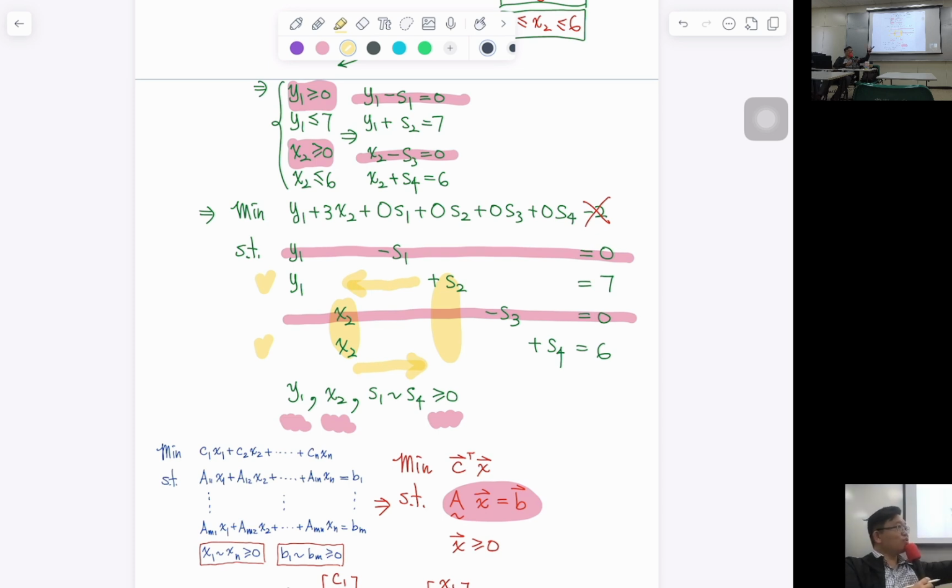I can move their position. So my basic group can be Y1 and S2. The other group will be non-basic. Later on there will be a procedure of choosing which group of variables belong to basic, and the rest are non-basic.